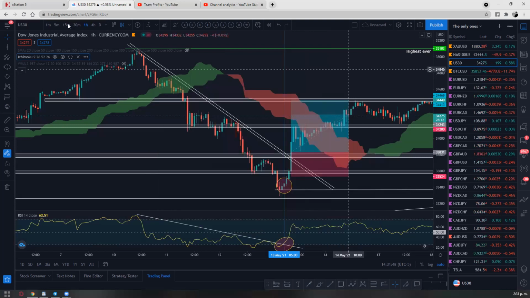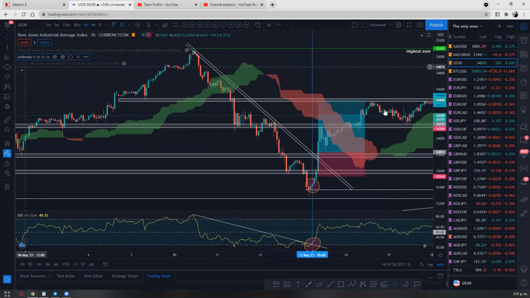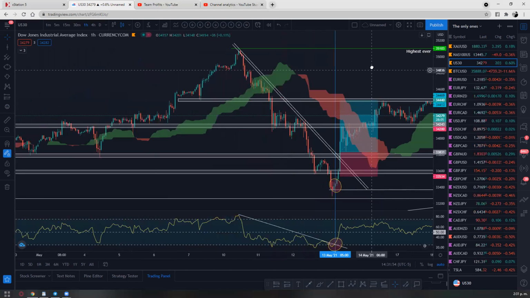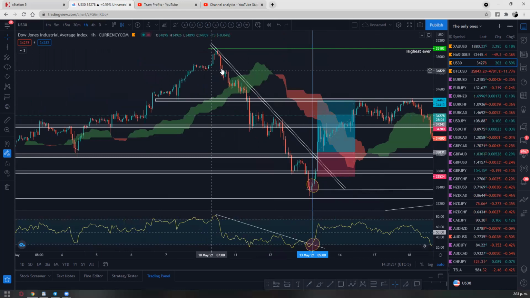So by knowing that, it's important, like I mentioned, to know your trend, and to identify what do you see here. Whenever the price is below the cloud, we are going on a sell. We're looking for sales.